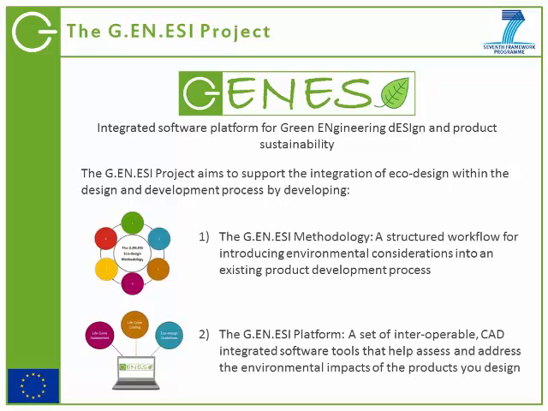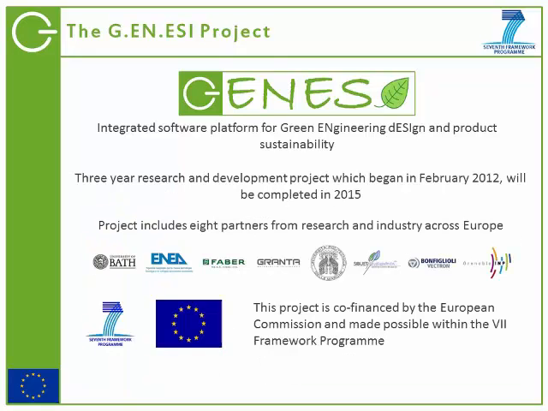This web seminar has been developed within the framework of the G.EN.ESI project, which aims to support the integration of eco-design within the design and development process by developing a methodology and a platform. The methodology is presented in Module C and the platform and software tools in Module D of this training.